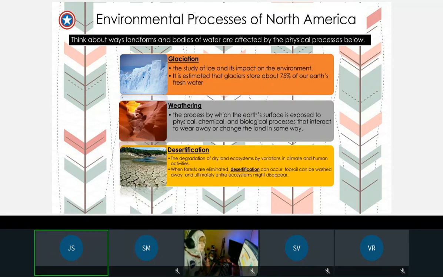Now, weathering. What's another word for weathering? The Earth's surface is exposed to physical, chemical, and biological processes. Another word is erosion. Would somebody write that next to the word weathering so we remember that, please?